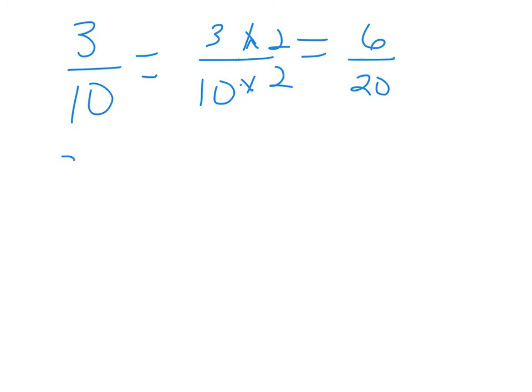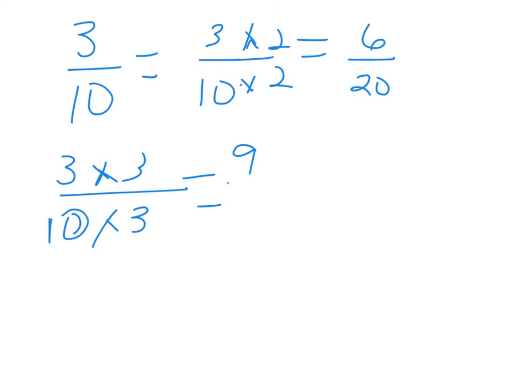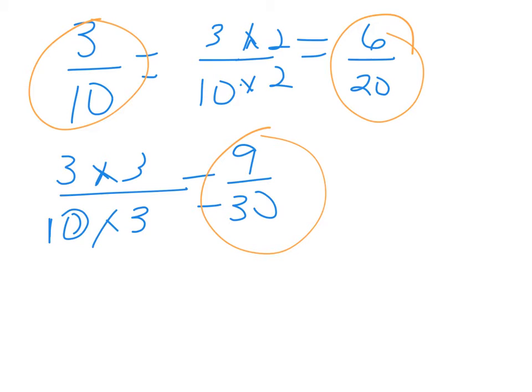I could do 3/10 times 3. That's going to be 3 times 3 is 9, 3 times 10 is 30. And these are equivalent fractions. This is in the simplest form. There's no factors there that are the same, and those are equivalent ones.